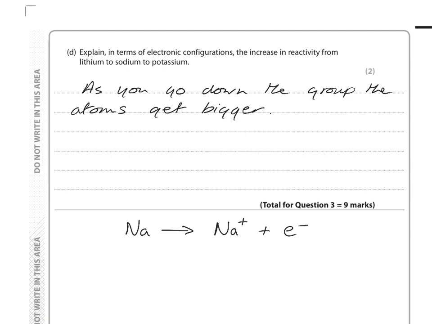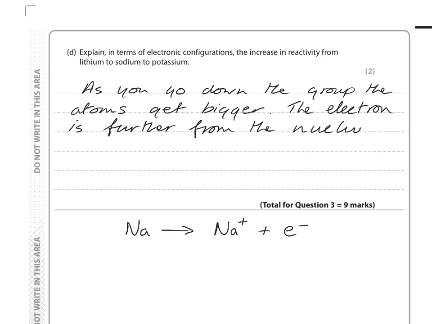Now as the atoms get bigger, the electron is further from the nucleus and is easier to lose.